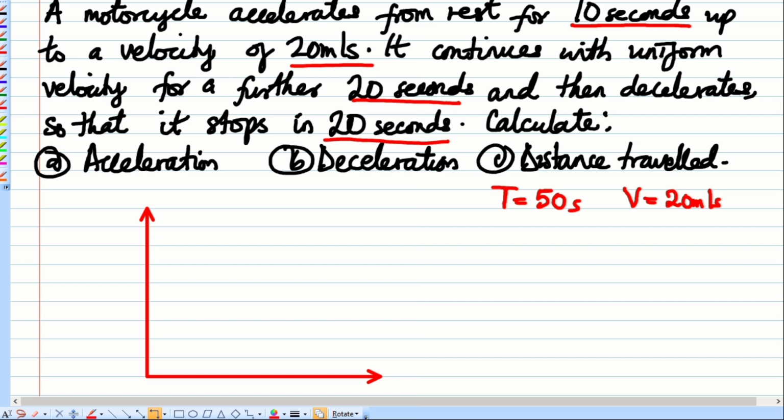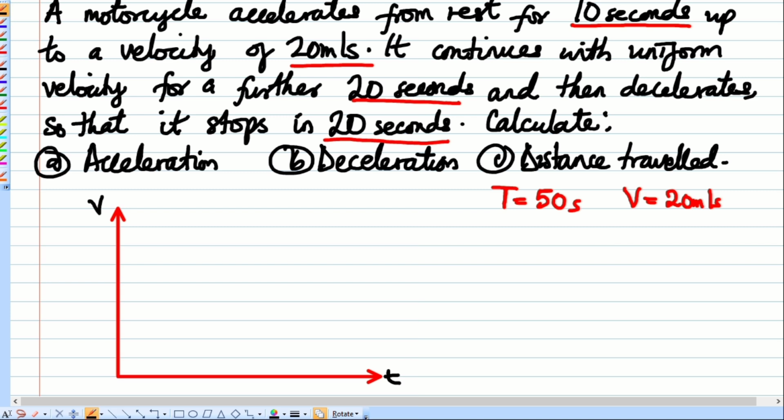Remember, we always plot our velocity against time. So we have velocity there and we have our time. For the first journey, the motorcycle accelerates from rest. From rest means that's the point where both the velocity and the time are zero. The motorcycle was not moving then, so it started moving up to a velocity of 20 meters per second.